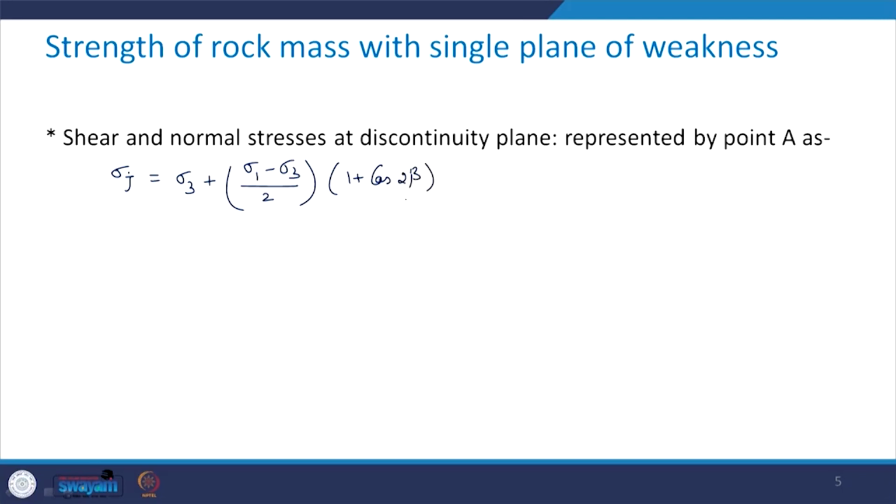We have already derived this with respect to the Coulomb-Navier failure criterion, and the same way you can use these trigonometry principles to derive it, so I am not repeating it here. And then tau j is equal to (sigma 1 minus sigma 3) upon 2 into sine of 2 beta. So, this is how the state of stress represented by point A can be given in terms of sigma 1, sigma 3 and beta.